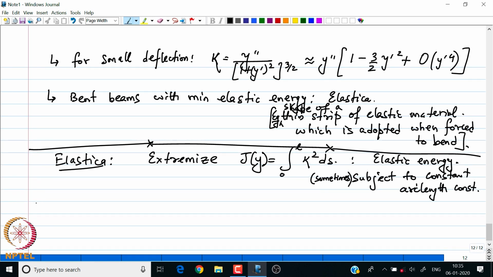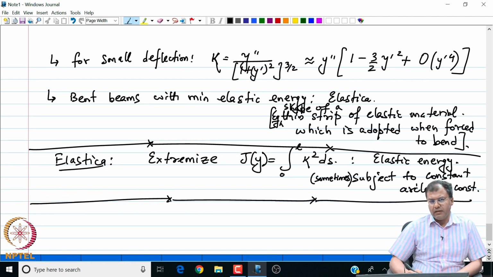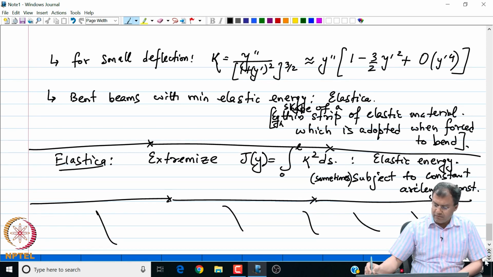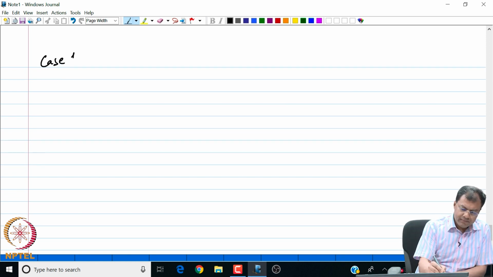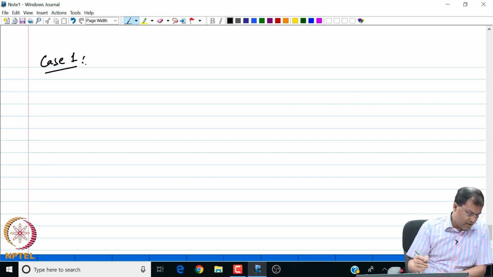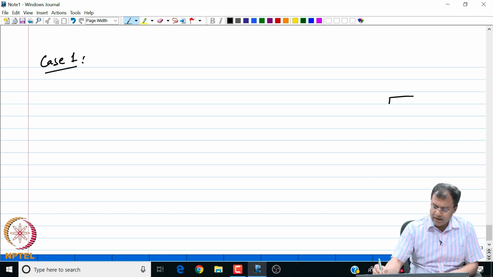Now, in my first case, let us look at a case of elastica with no arc length constraint, or a case of unconstrained optimization of elastica. So, the setup of the problem is as follows. Case 1, we have elastica. Let me draw the figure and it might be clear.